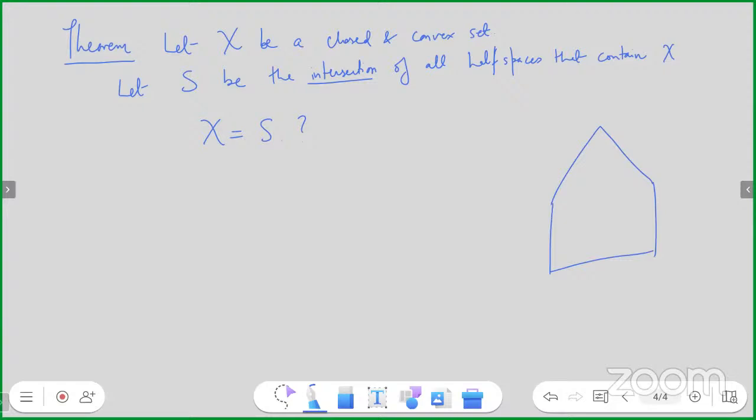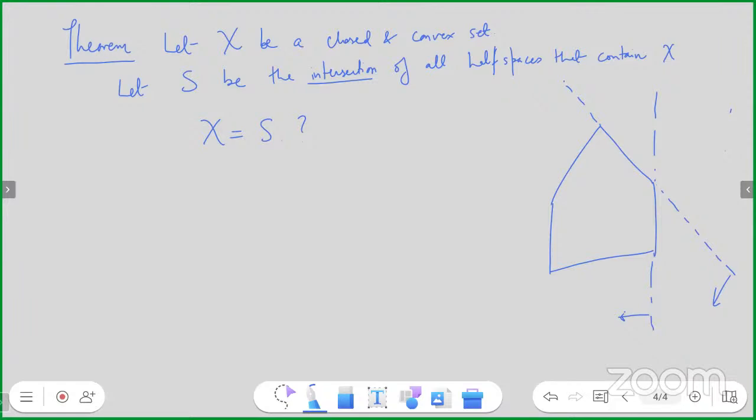Not a pentagon, but assume that this is what it is. Now, passing through any one line, this way or that way? This way, right? The half space should contain it. Correct. So one, two, and so on.